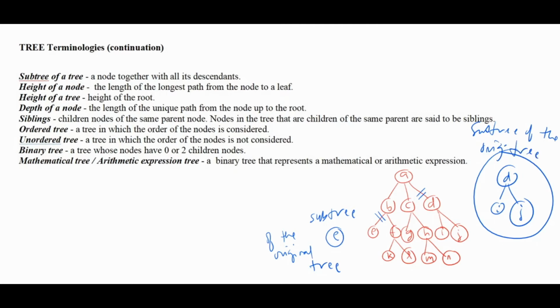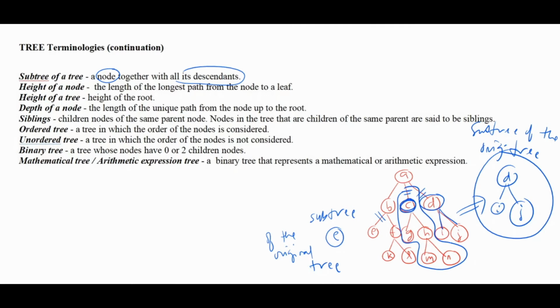So a subtree of a tree is a node together with all its descendants. So this is the node together with all the descendants, which is this one, resulting in that one. So if you cut this, we have a subtree, which is this. So this is a node together with all its descendants.